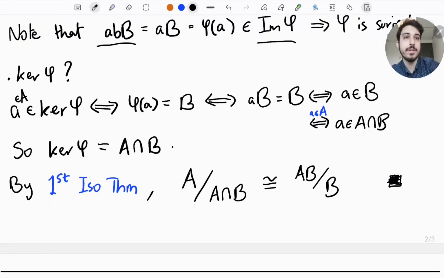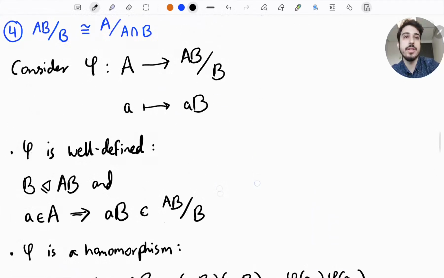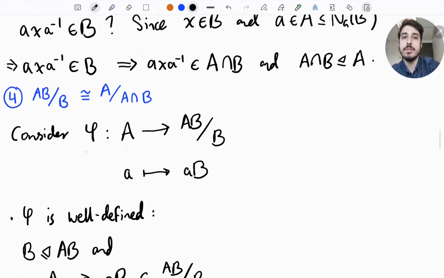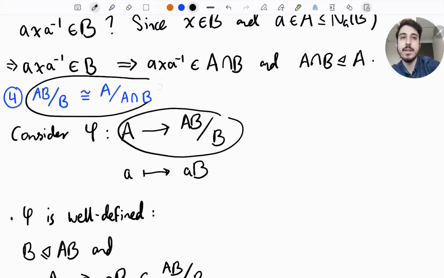Now, I still haven't forgotten to mention that the reason we took such a bizarre phi in the beginning is because we wanted to use the first isomorphism theorem. You can see the resemblance between this and that. All we needed is to put this here and it gives us an isomorphism. So this is a very good practice.